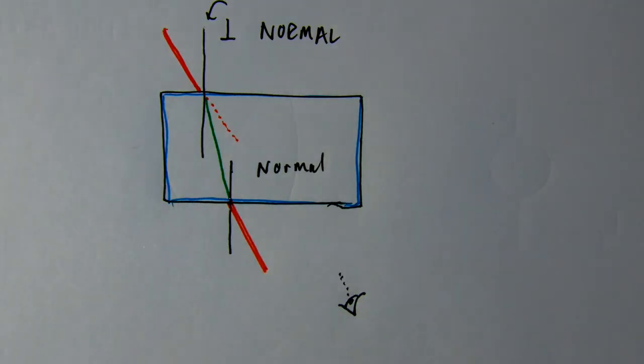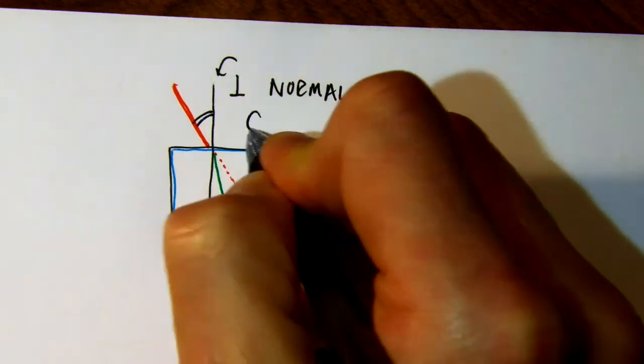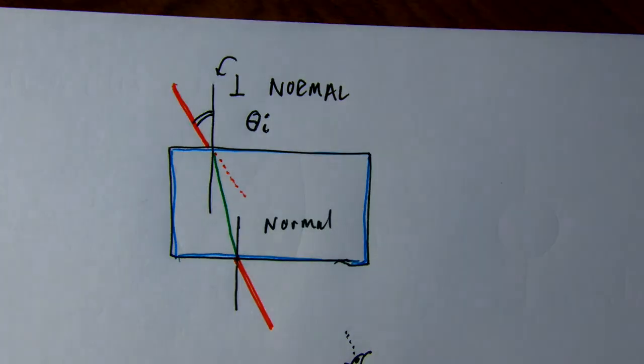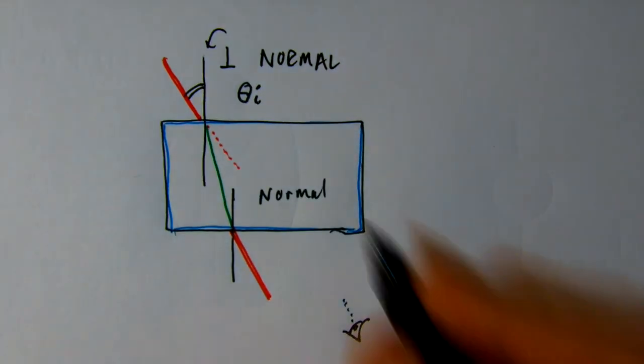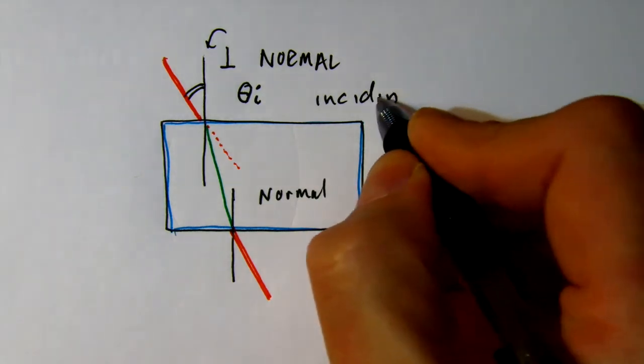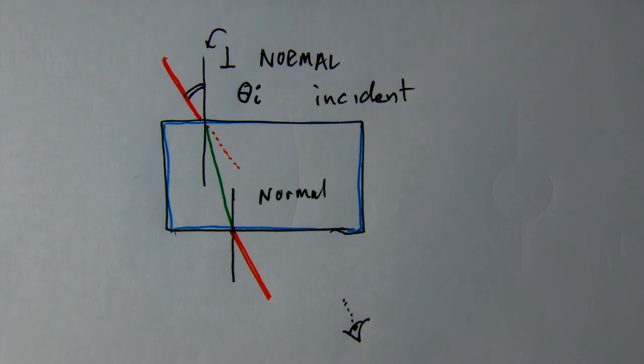But let's now look at this. This angle we call theta. Not really theta, but that's called the incident angle, right? It is incoming. It's called incident, right? That's the incident angle.